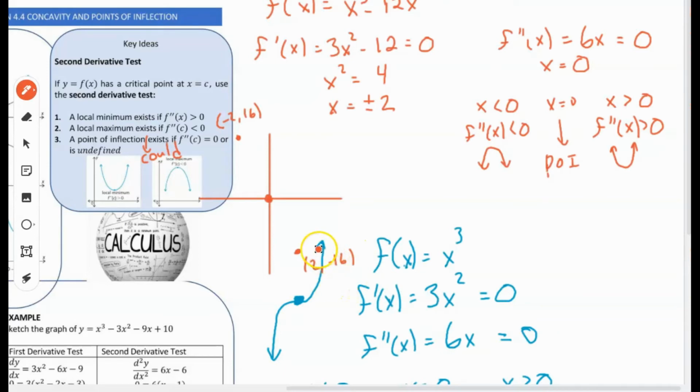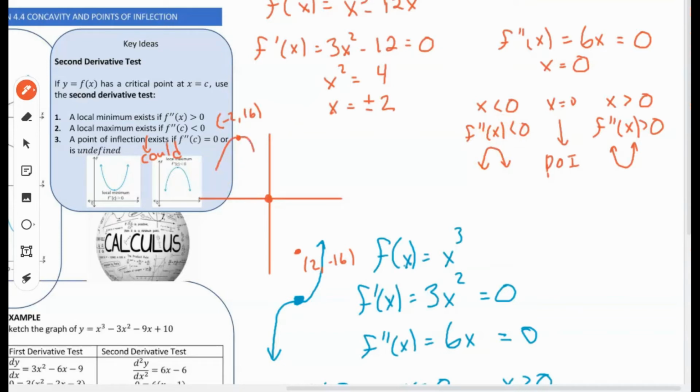Now, what we did before was the first derivative test, right? We did a similar chart to see whether or not this point would be a maximum or a minimum. We don't need to do that anymore because we know that when x is less than 0, the shape we have is concave down. So I know it's going to look something like this.